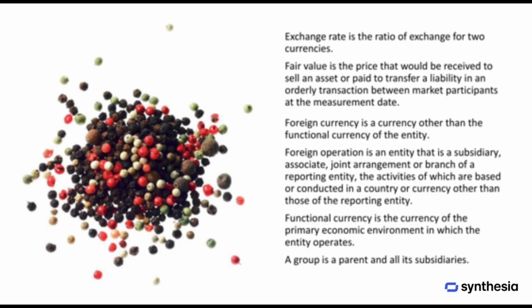A foreign operation refers to a part of the business, such as a subsidiary, branch, or joint venture, that operates in a different country or uses a different currency. The term functional currency means the main currency of the economic environment where the company earns and spends most of its money. Finally, a group refers to a parent company and all the companies it controls.